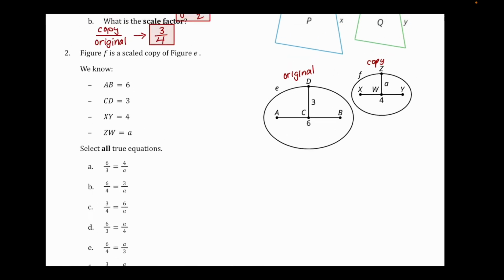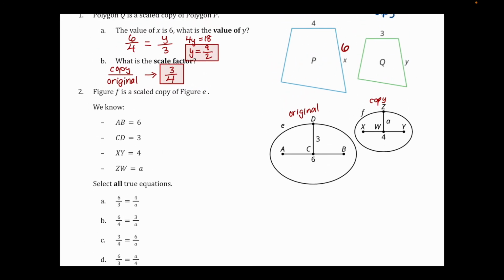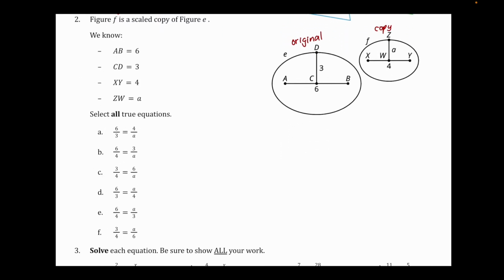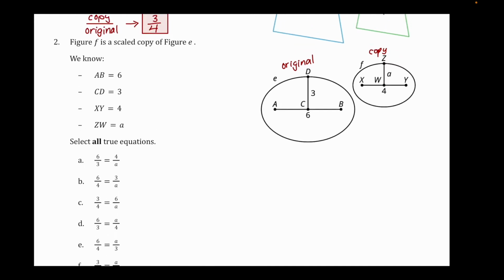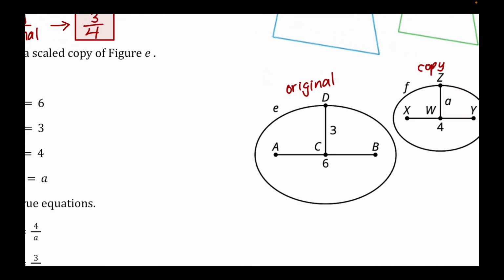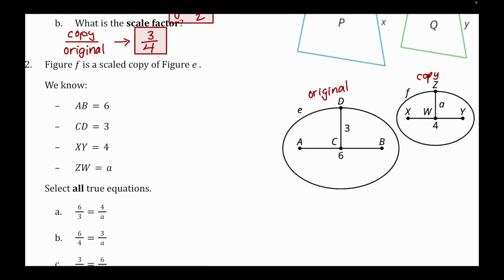We want to select which of these equations is true. So just like in number 1, how I was able to set up a proportion here with 6 over 4 and Y over 3, we want to select all true equations here because that's not necessarily the only equation I could have set up. So let's look at what we have first. They're first saying 6 over 3 equals 4 over a. So we at least want to make sure we're being consistent, and this one looks like what I was doing in the previous one.